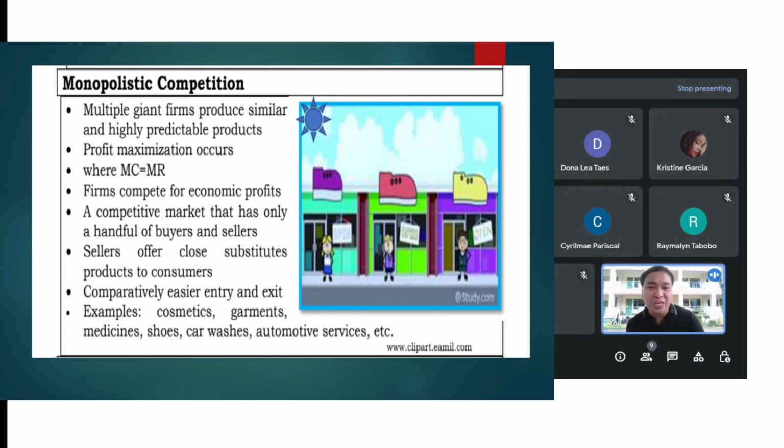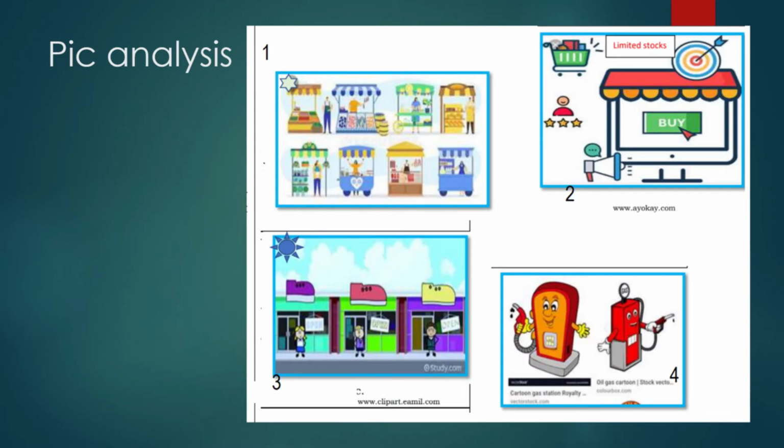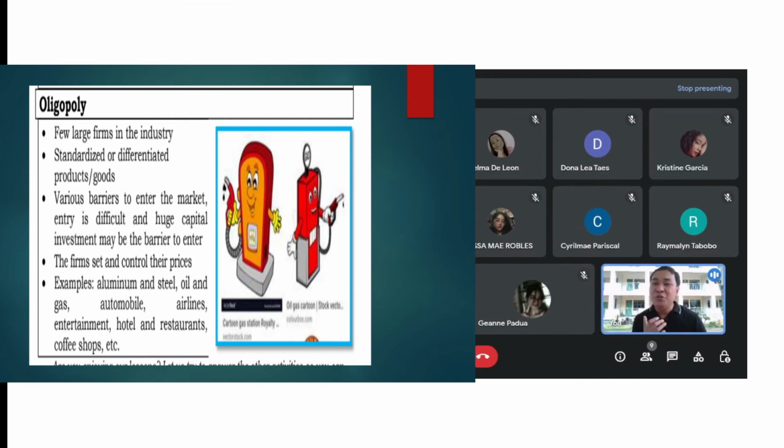How about picture number four? Who would guess? Okay, come on. So I think it's oligopoly. Oligopoly, very good. So oligopoly has few large firms in the industry with standardized or differentiated products or goods.